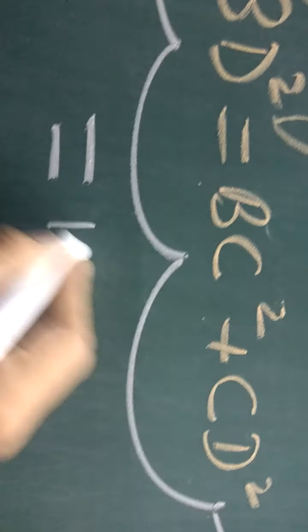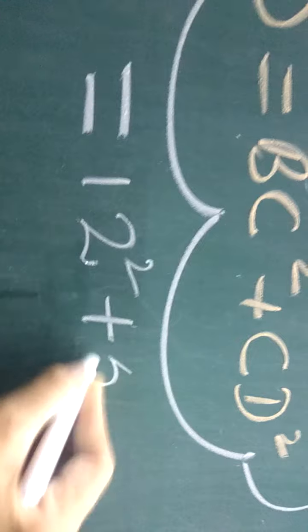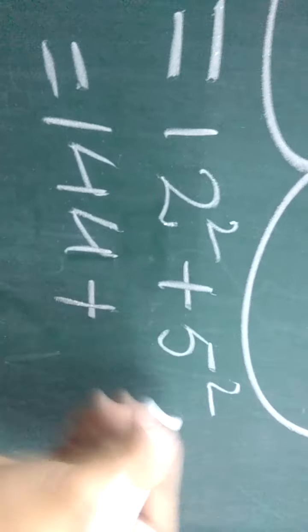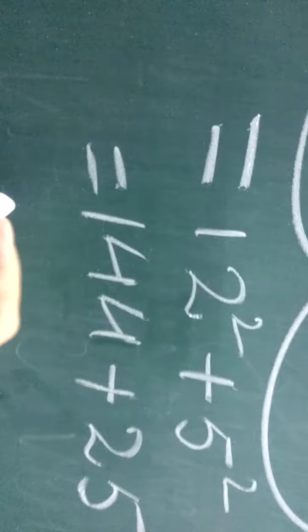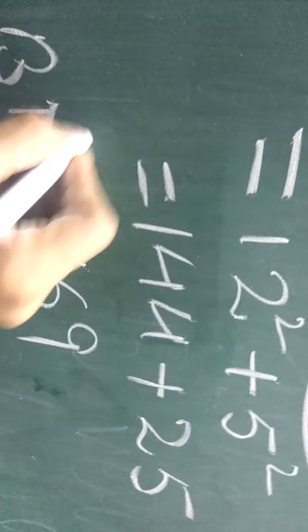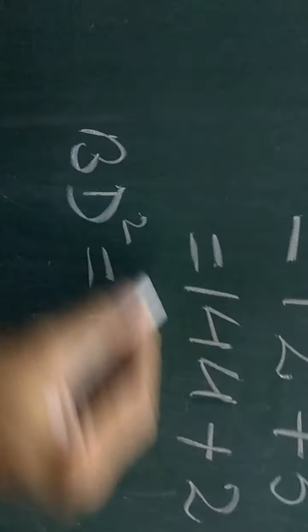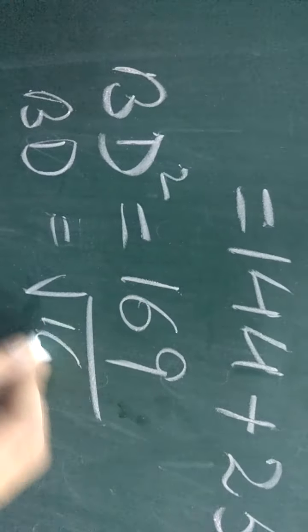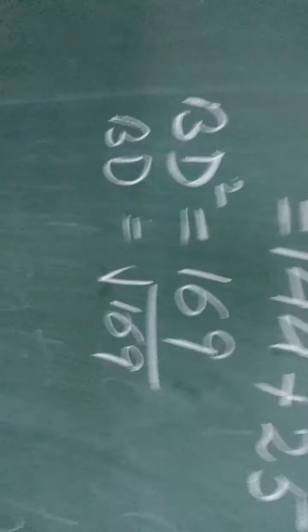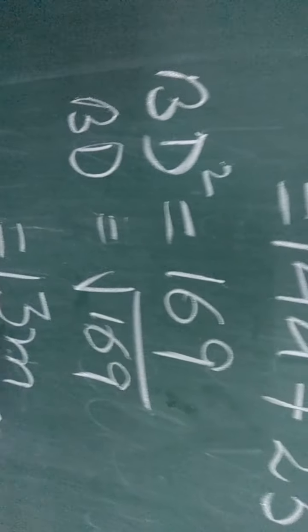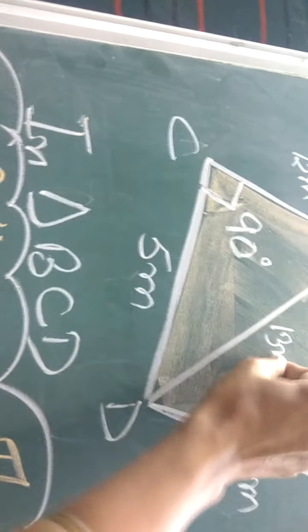So 12 square plus 5 square, we get 144 plus 25. By adding them we'll get 169. So that means BD square is 169. When square goes to the other side, it will become square root, or we can say taking square root on both sides. It is the square root of 169, which is 13. So the length of the side BD will be 13 meter.